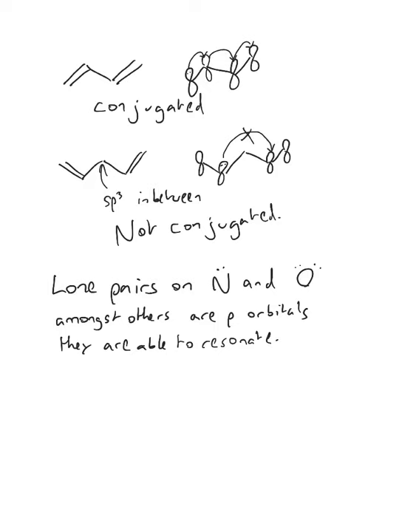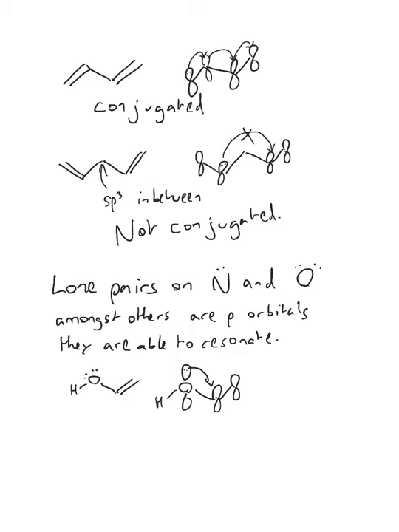What do we mean by that? Well, say you have an alcohol and a double bond here. Because those oxygens' lone pairs, electrons in the lone pairs are in a p orbital, at least one of them is, we could say that that oxygen is able to donate its electrons into those p orbitals.